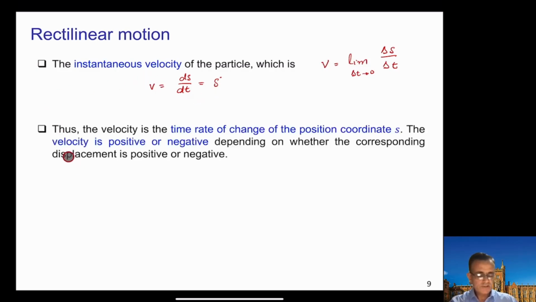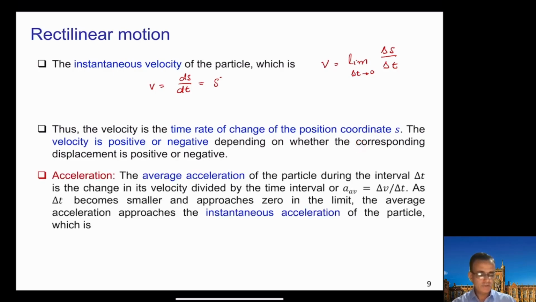So you can say that the velocity is the time rate of change of the position coordinate s, and the velocity is positive or negative depending on whether the corresponding displacement is positive or negative. Now if you know the velocity, you can also define the acceleration. The average acceleration of the particle during the interval delta t is the change in its velocity divided by the time interval.